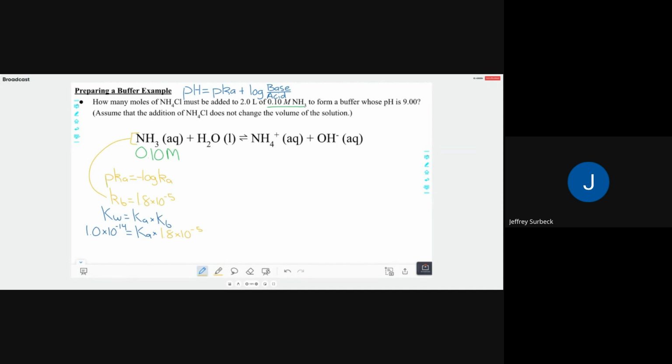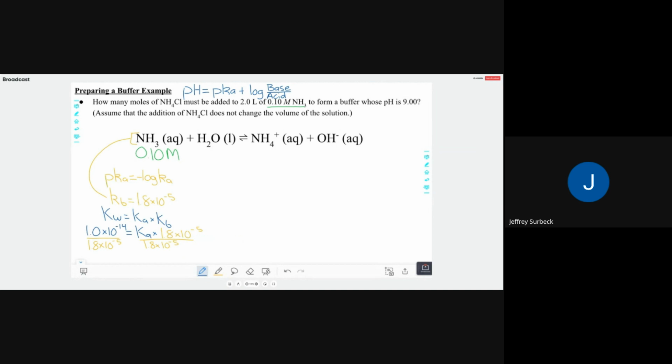Now, how do I get Ka all by itself? Divide by that 1.8 times 10 to the negative fifth. I'm going to do that in my calculator and see what we get for our Ka.